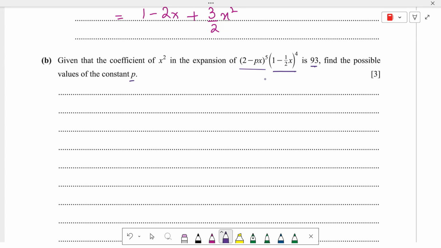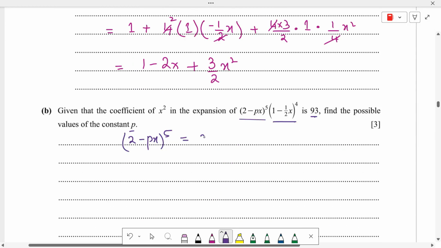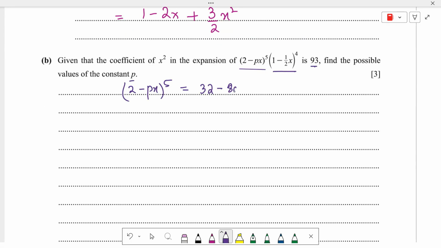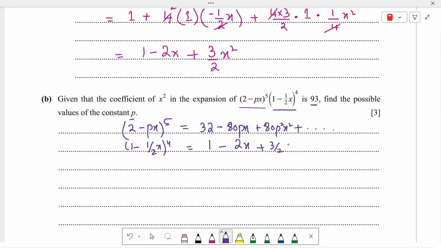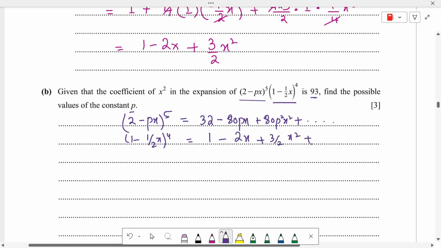We need to find the terms which have x squared. So (2 minus px) to the power of 5 is equal to, as we just calculated, 32 minus 80px plus 80p squared x squared plus dot dot dot. And (1 minus half x) to the power of 4 is 1 minus 2x plus 3 over 2 x squared plus dot dot dot.